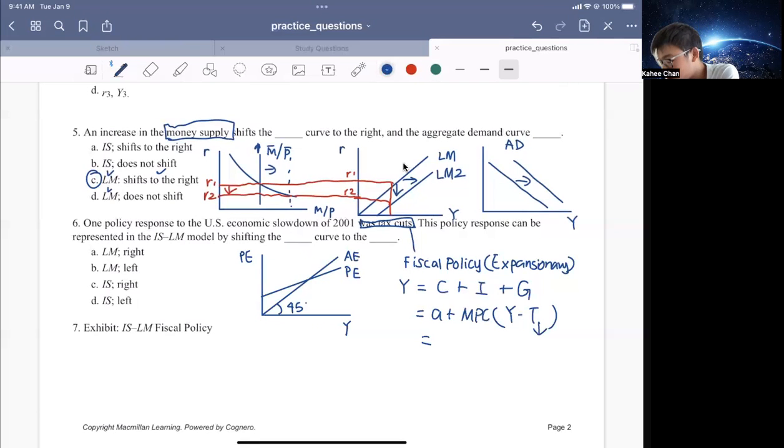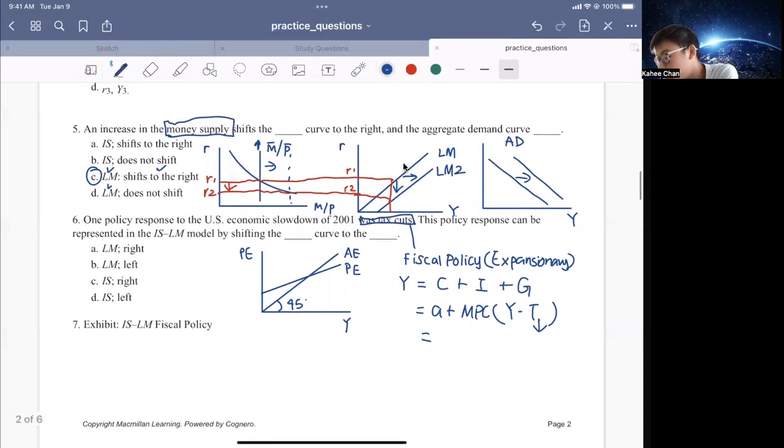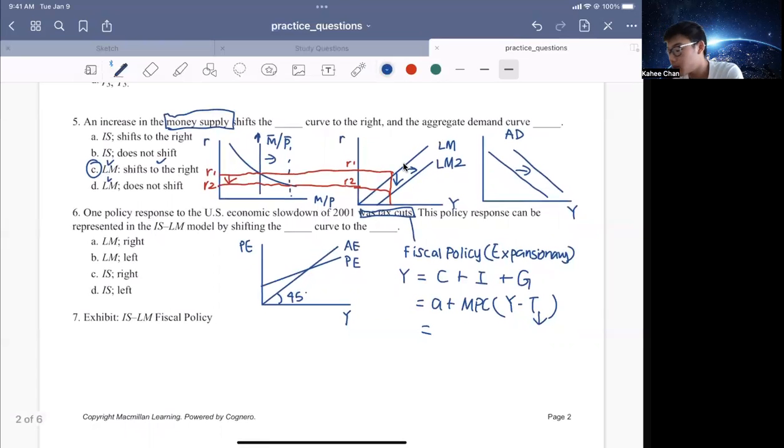When T is decreasing, the disposable income Y minus T must increase. So C increases, and Y is also increasing because C is increasing. So we can see the upward shift of the graph. This is actually MPC times delta T.